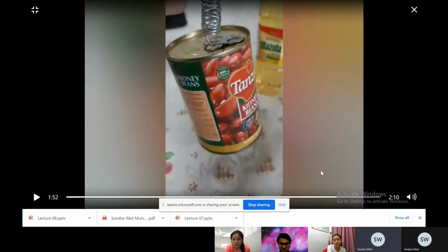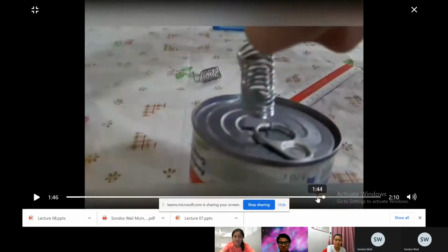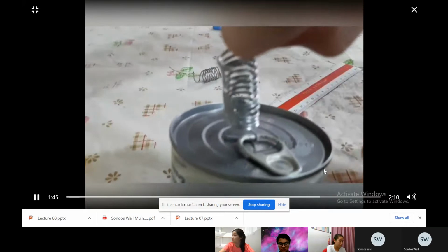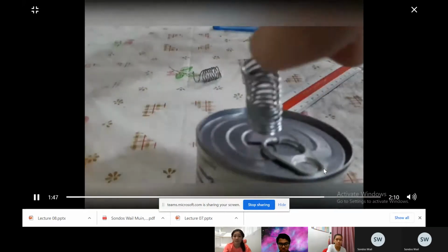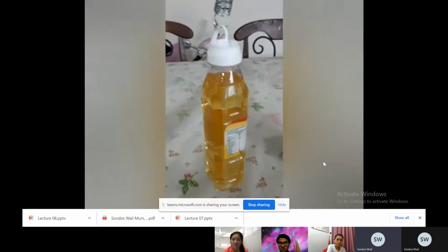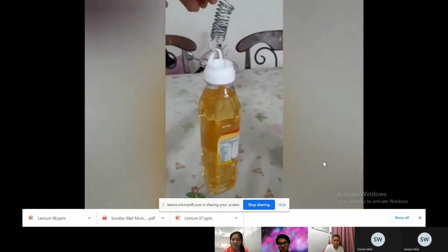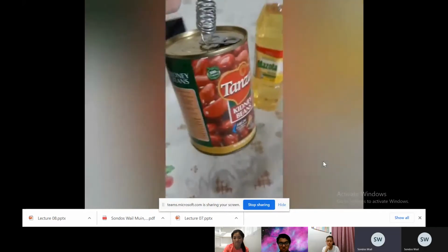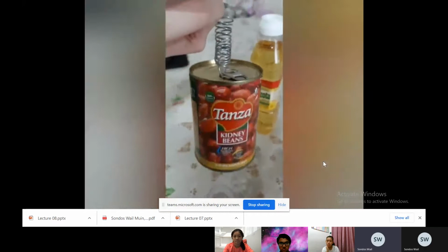I mean, sorry, it's not the extension, because for the first weight it didn't show any change, so 0 extension. For the second one, it showed 0.3 centimeter extension. And this is the third one. It showed 0.9 centimeter extension.